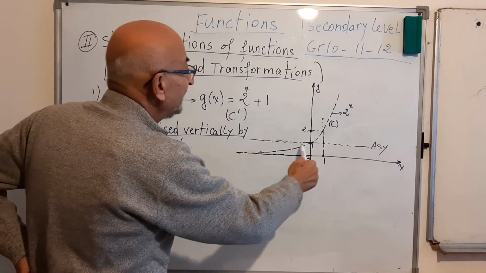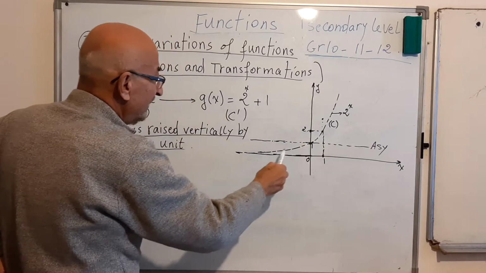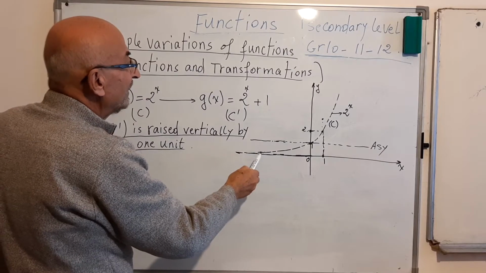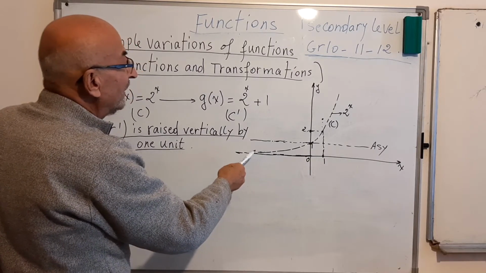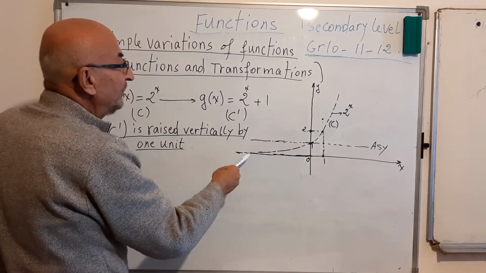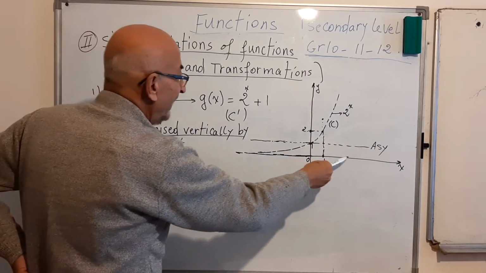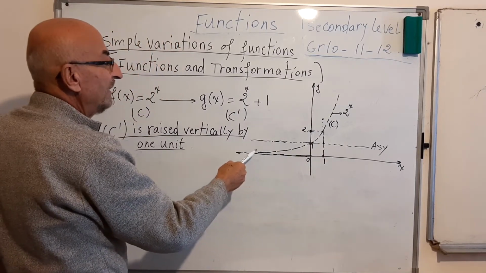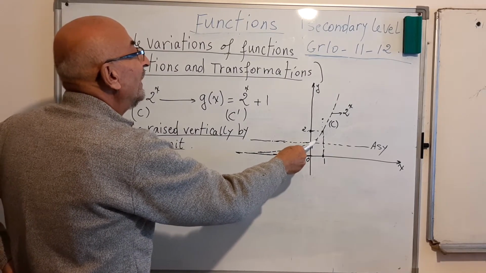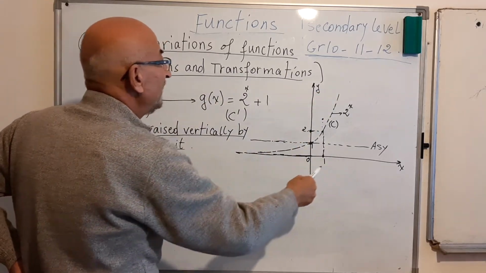The graph C of 2 power x is the dotted graph. It has x prime x as horizontal asymptote, passes through (0, 1) and tends to plus infinity if x tends to plus infinity.